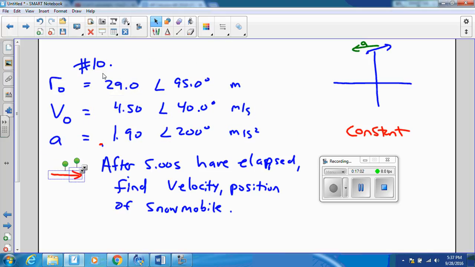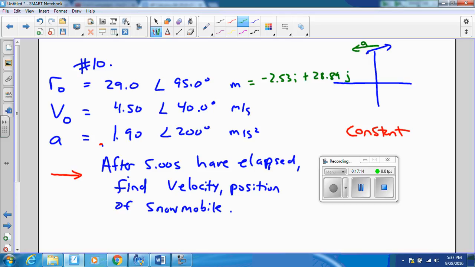So when we do all of these conversions from polar to rectangular, which are a little bit of a pain but are necessary, then what we find is that the initial position is equal to negative 2.53i plus 28.89j. And the initial velocity is 3.45i plus 2.89j.